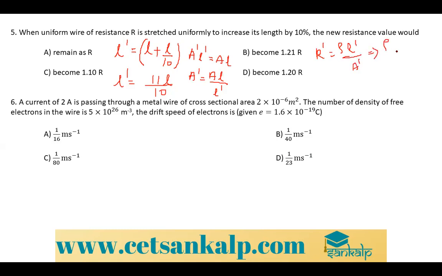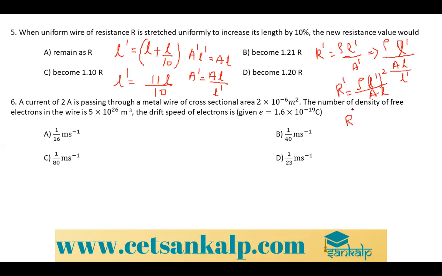So rho into L dash, and instead of A dash I'll write AL divided by L dash. So rho L dash the whole square divided by AL, that is your R dash.